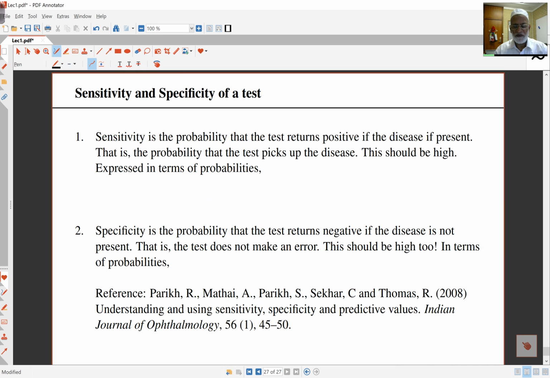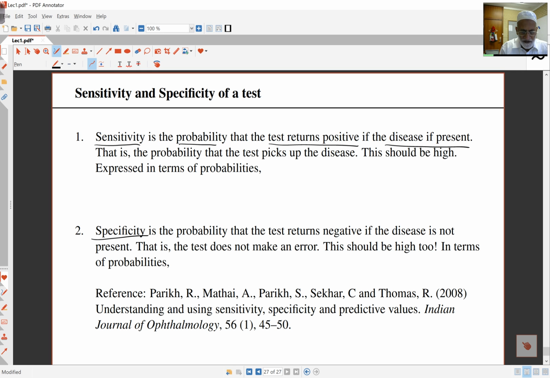As far as tests for diseases are concerned, there are two concepts I'm looking at here. The first is sensitivity, which is the probability that the test returns a positive if the person has the disease. So sensitivity is how sensitive the test is to the disease. The other idea is specificity, which is whether the test picks up only the disease or something else.